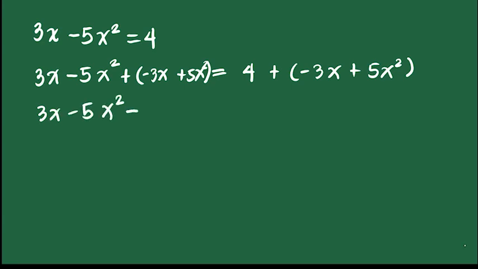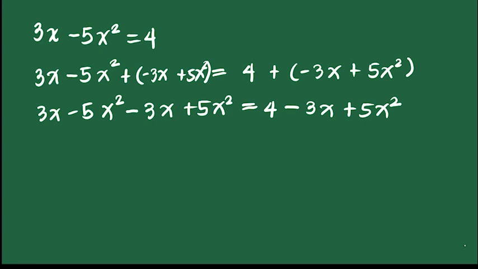Negative 3x, then just 5x squared, and then 4 minus 3x plus 5x squared. As you can see, we will have here 3x minus 3x, that's 0, and then negative 5x squared plus 5x squared, that is also equal to 0. That will make this whole quantity, 4 minus 3x plus 5x squared, equal to 0.